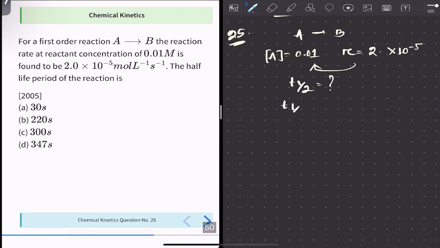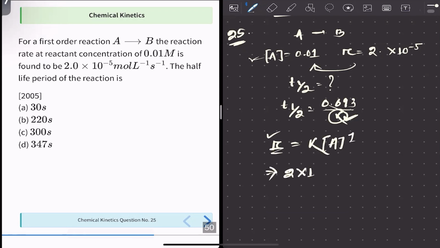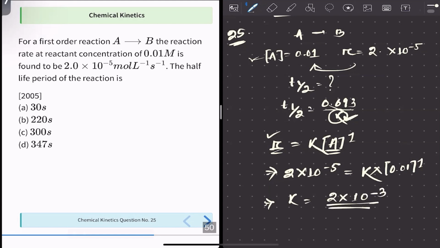What is the T half formula? T half formula is 0.693 by K. But for T half, we need to find the K value. K value is not given. How can you find the K value? So look at this. Rate for this reaction would be K into A to the power 1. Rate given is 2 into 10 to the power minus 5 equals K, and the concentration given is 0.01 to the power 1. So K value would be 2 into 10 to the power minus 3. Okay. So K value is got.